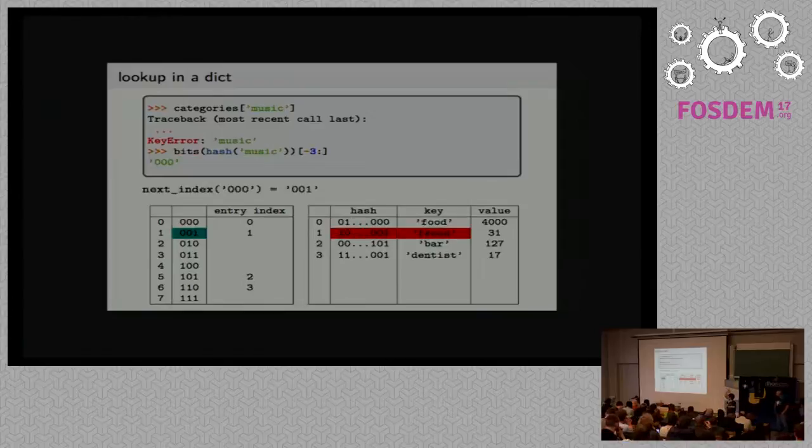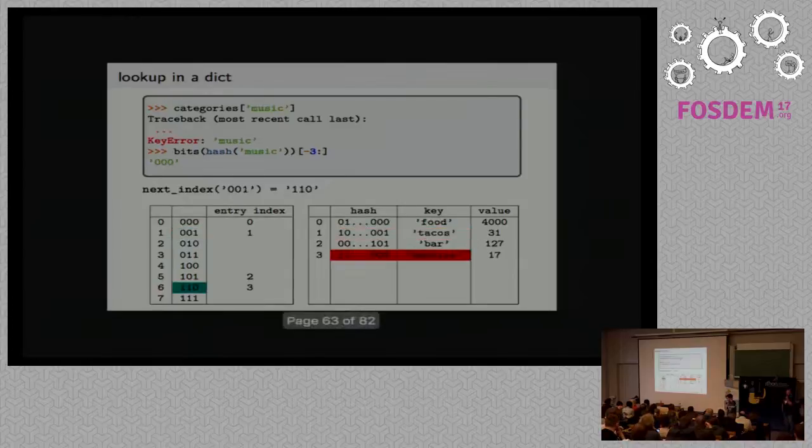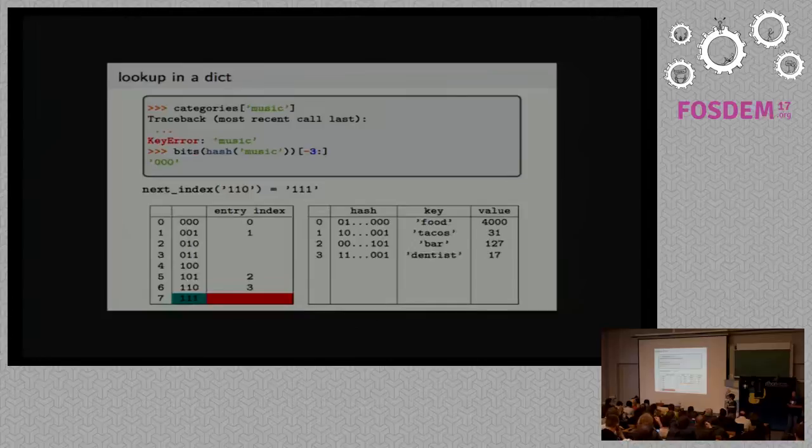Tacos still isn't music, so let's keep jumping. Maybe we jump twice, maybe more. The next one is 110, gives us dentist, still not music. Let's keep jumping. The next one is 110, and there's no entry related to 110, so that means we've never seen music. So we can raise an exception, a KeyError exception, and there's no music in our dictionary.